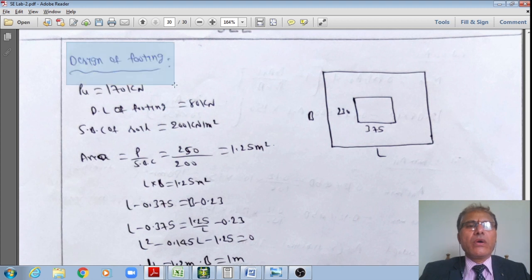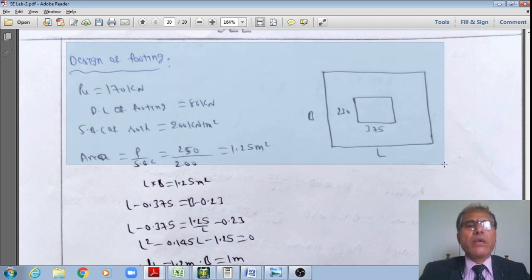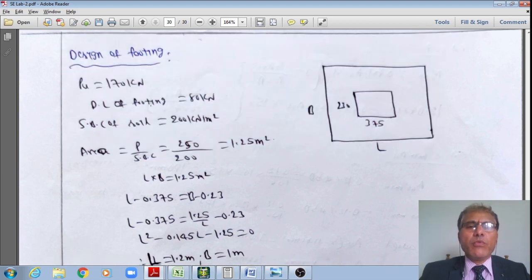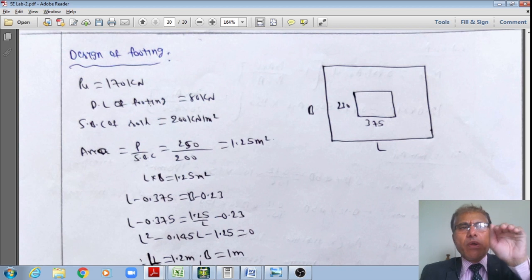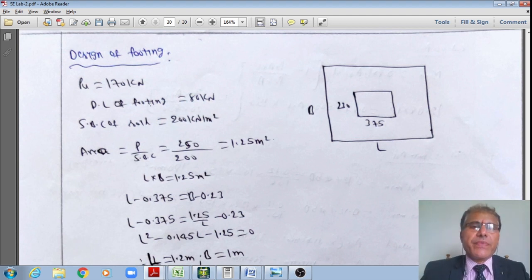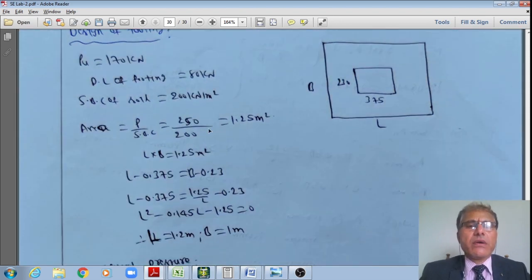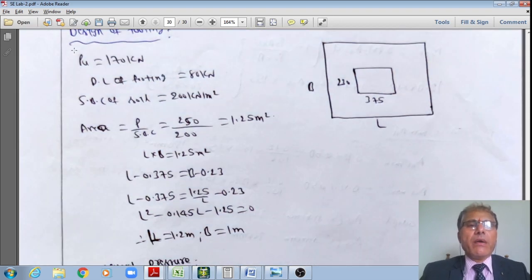You already know the load onto the footing is 170 kilonewton, and I have not considered any bending moment. Actually, it is subjected to a bending moment. The footing at the exterior end is subjected to a bending moment of 23 as well as 40. Now I'll do that using an Excel sheet. Now I'm showing just the manual calculation without any bending moment.